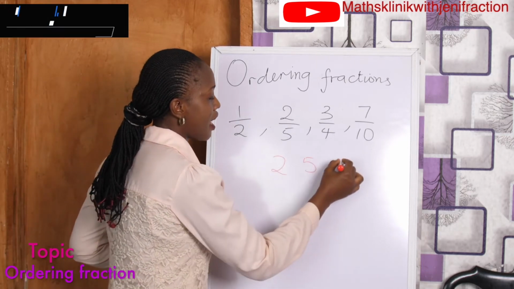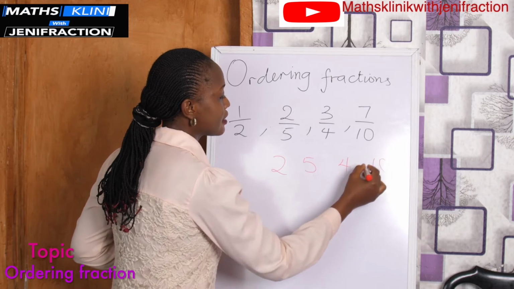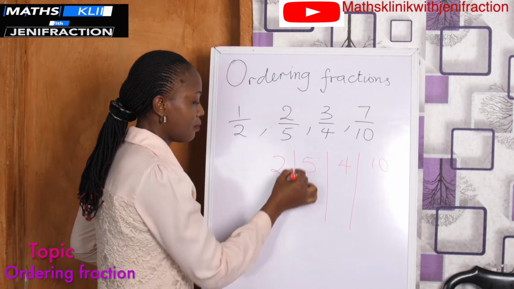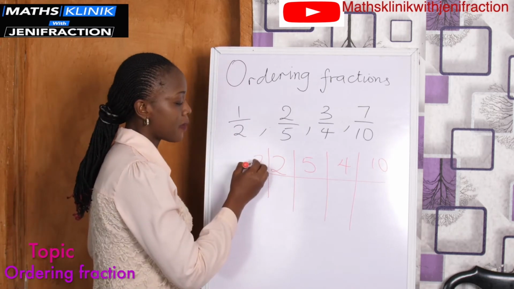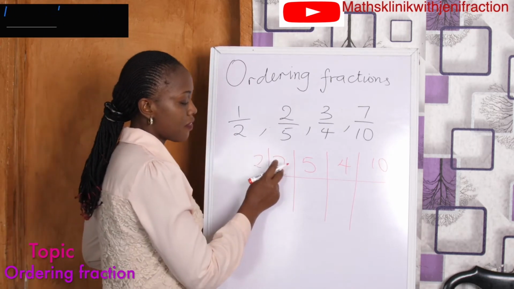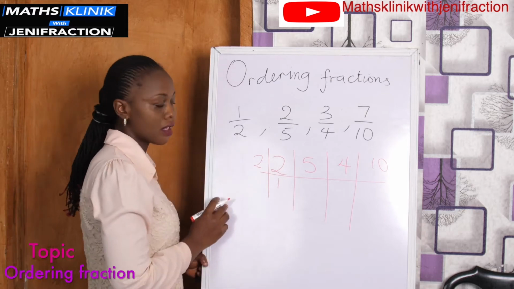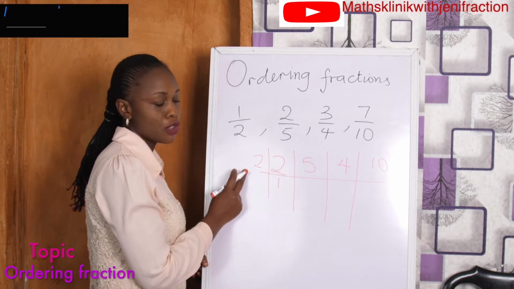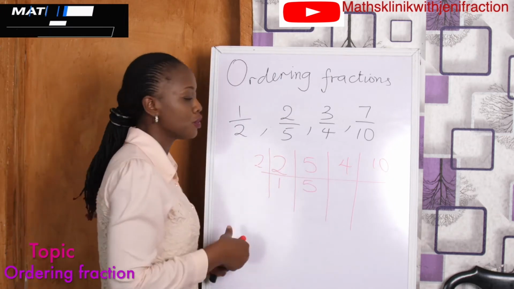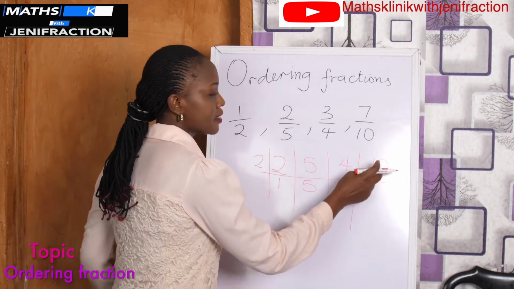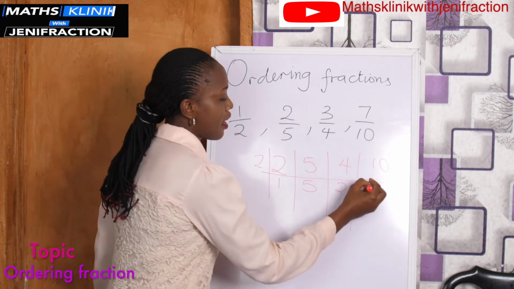We want to find the LCM of these numbers. We start by using 2. 2 divided by 2, we have 1. Can 5 divide 2? No. So I write my 5. 4 divided by 2, we have 2. And 10 divided by 2, I have 5.